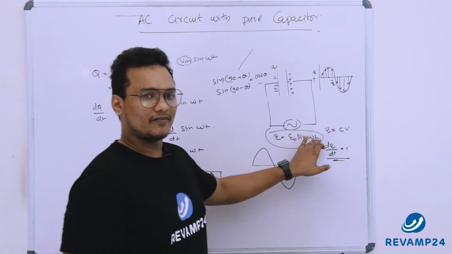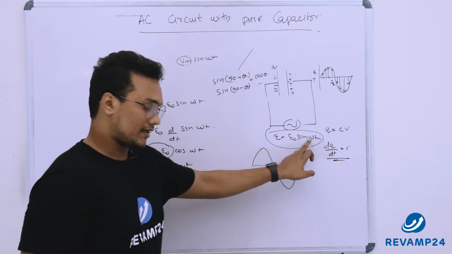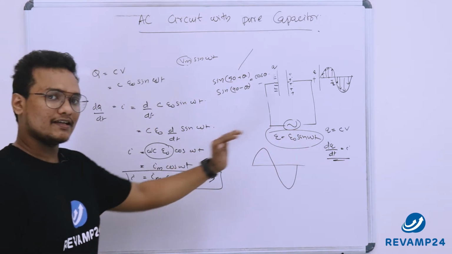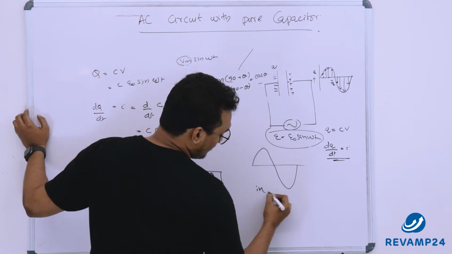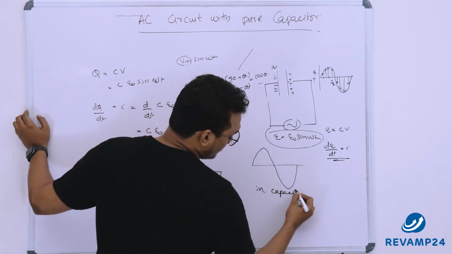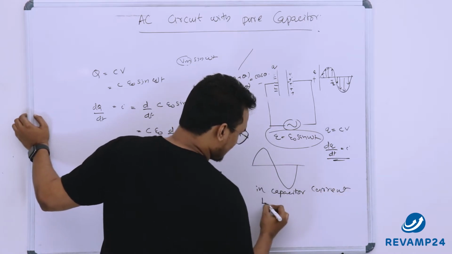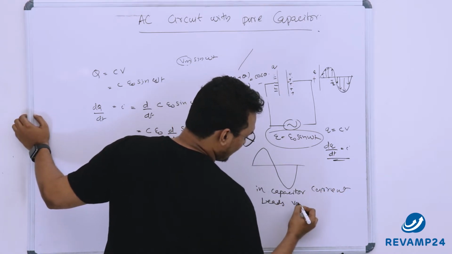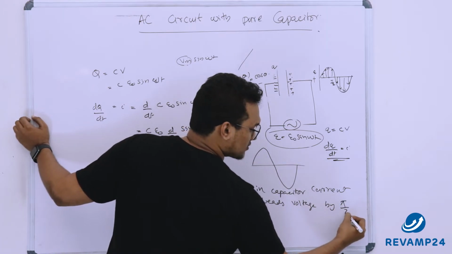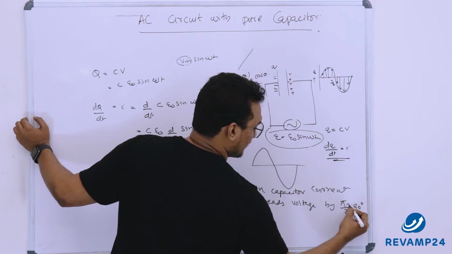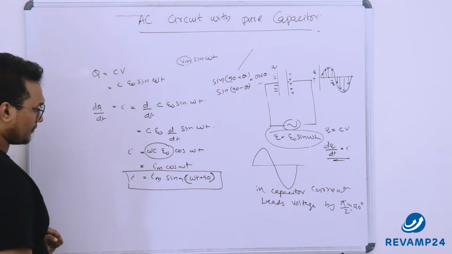Whatever may be the value of omega t, this would be 90 degrees forward. So I can say that in a capacitor, current leads voltage by pi by 2 radians or 90 degrees. Okay, that is the representation of this.